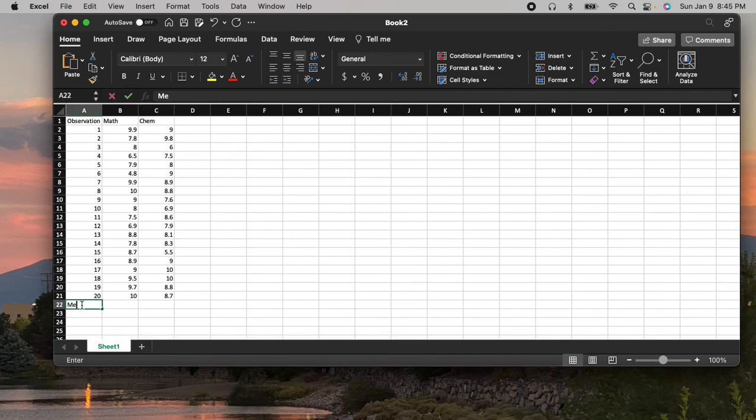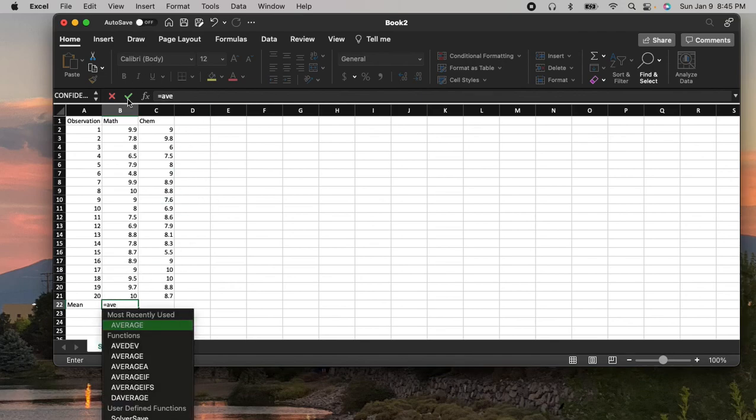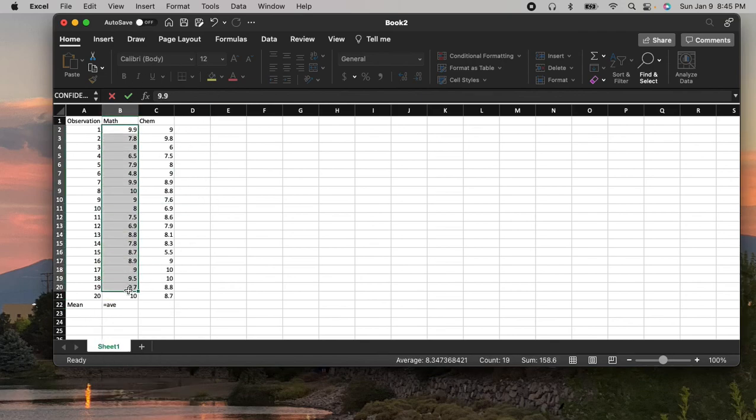Okay, so the first thing I need to do is find my means. So I'm going to write here means, and that way I know what I'm finding. It's going to equal the average of this data here.